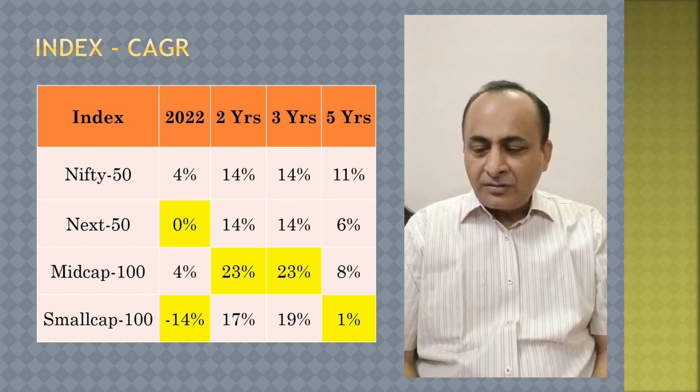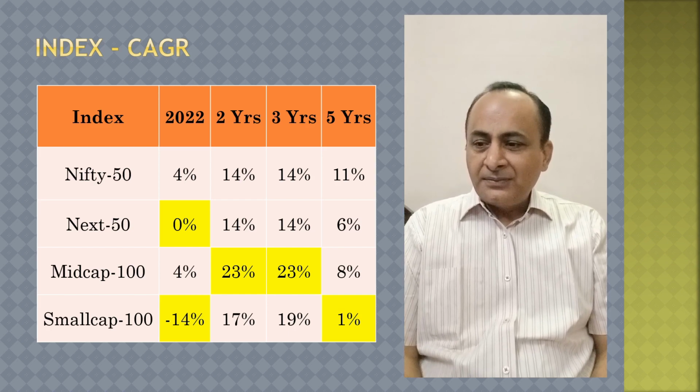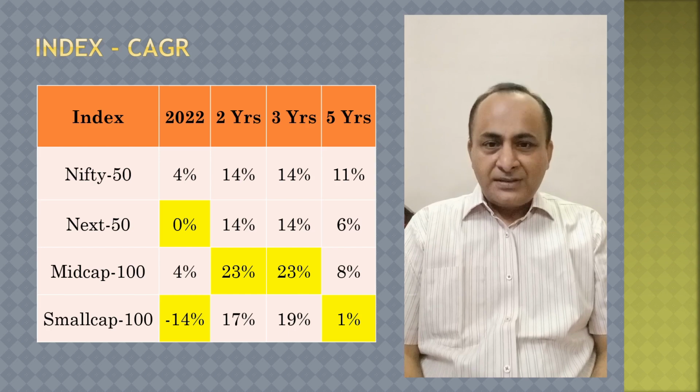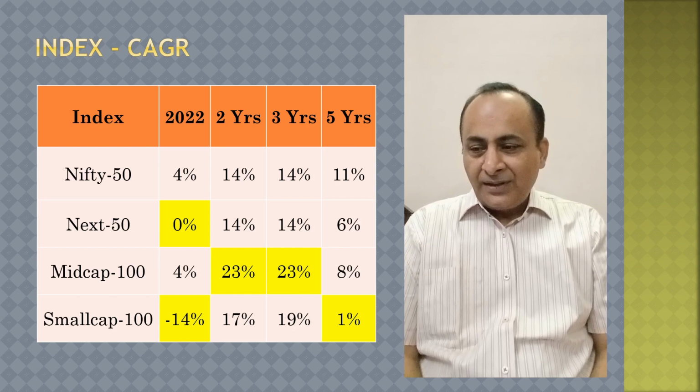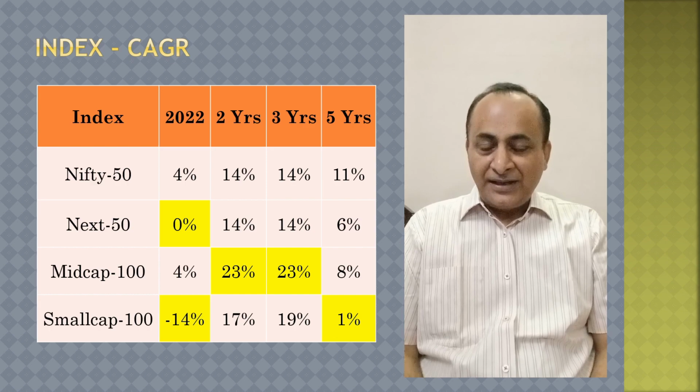If we look horizontally as well as vertically, we find so many CAGR deviations. Some years some index did well, and some years all indexes did well. So that's about index.